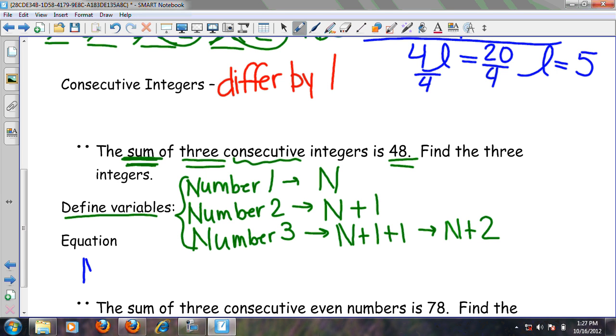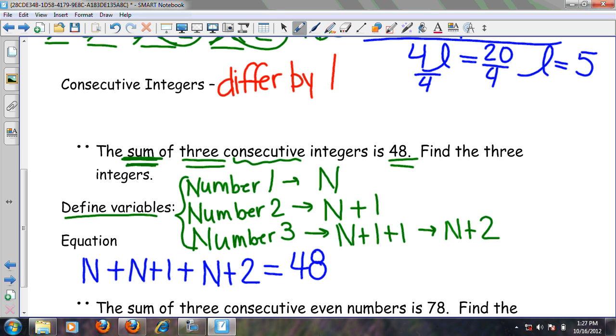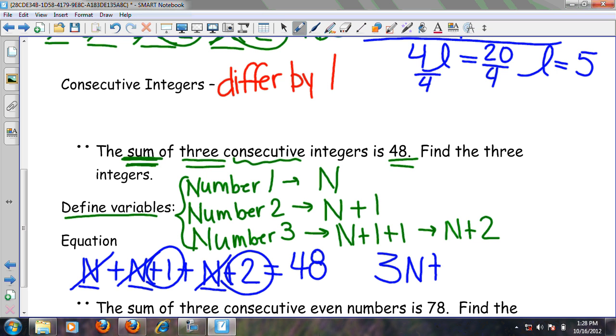So I have n plus n plus 1 plus n plus 2 equals 48. Do I have like terms? I have 3 n's. 3n, plus 1 plus 2. 3n plus 3 equals 48.